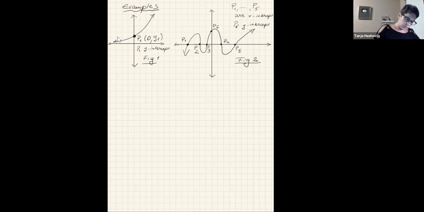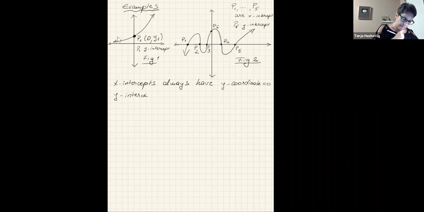Okay, so let me just write this down. X-intercepts always have y-coordinate equal to 0. And y-intercepts always have x-coordinate equal to 0.